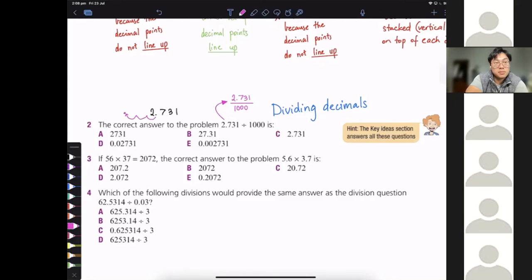Correct, Ahmed? Correct, Mohammed? If we divide it by 1,000, the decimal place moves, yeah?